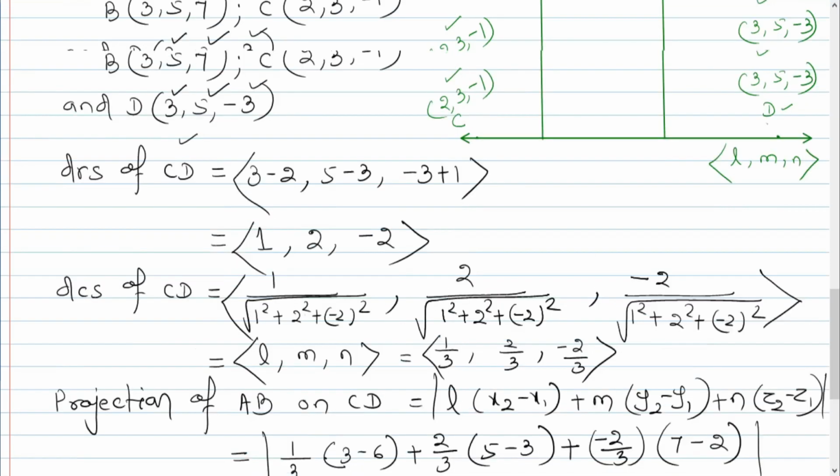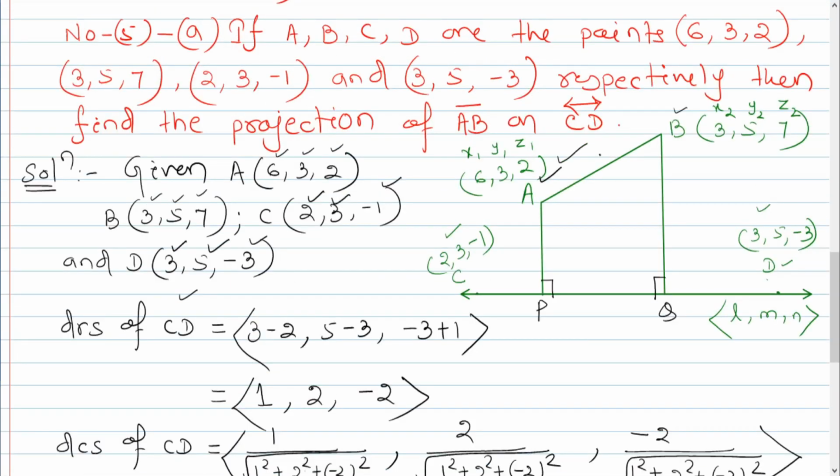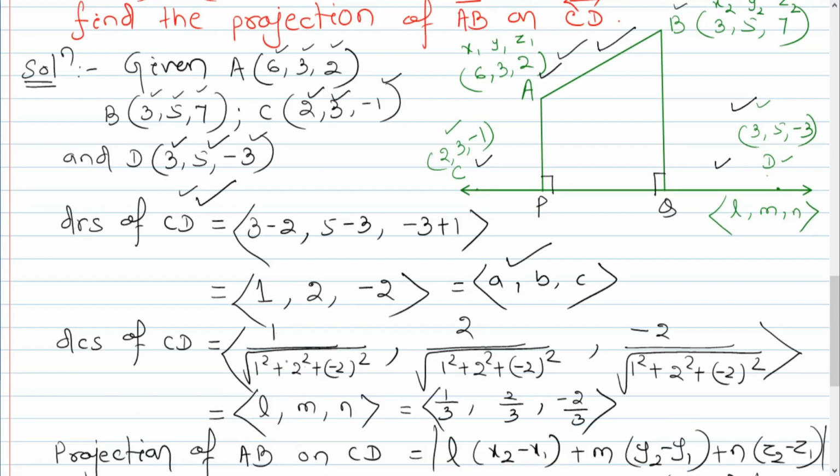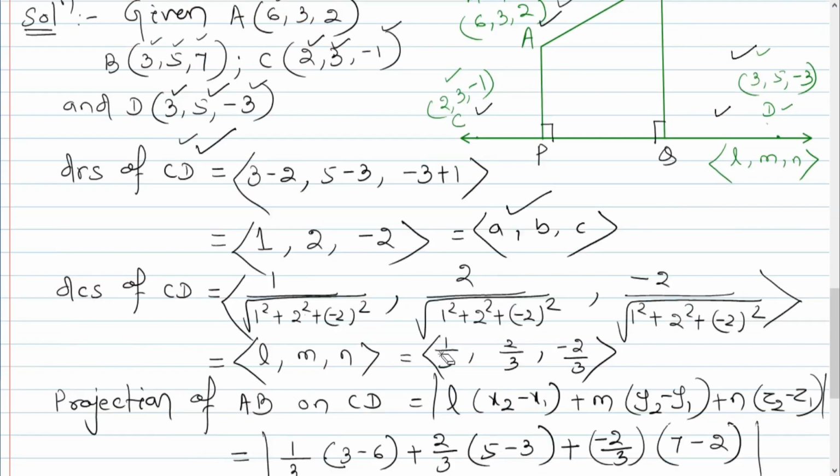Let us see what we did. The projection of the line segment AB on the line CD: we found the DCS of CD. To find the DCS of CD, first find the DRS. This one is the DRS of CD. Then the DCS are a by square root of a square plus b square plus c square, b by square root of a square plus b square plus c square, and c by square root of a square plus b square plus c square. That is called the DCS of the line CD, L, M, N: 1/3, 2/3, minus 2/3.